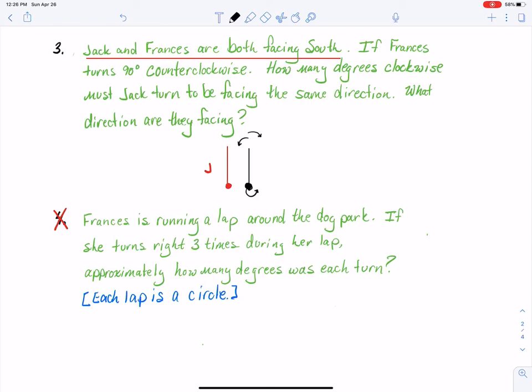Okay, so let's get this straight. She's turning 90 degrees counterclockwise, so she's going to end up facing to the east. So we need Jack facing east, but he needs to go this way. So he has to make a 90 here. Then he has to go up. That's another 90. Then he has to go again. That's another 90. So altogether, he has to turn 270 degrees. All done.